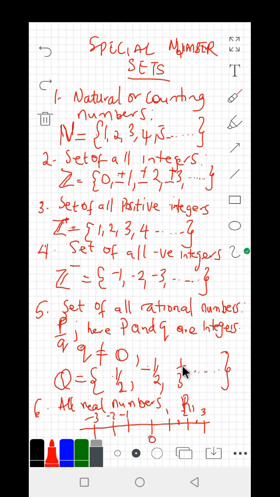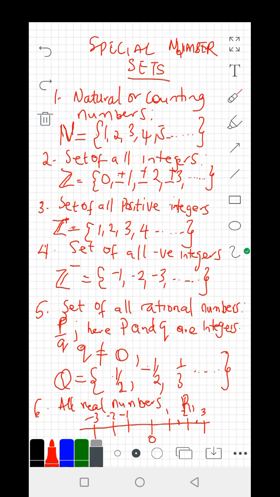So that's it for some special number sets that you will actually make use of while solving problems in this section.